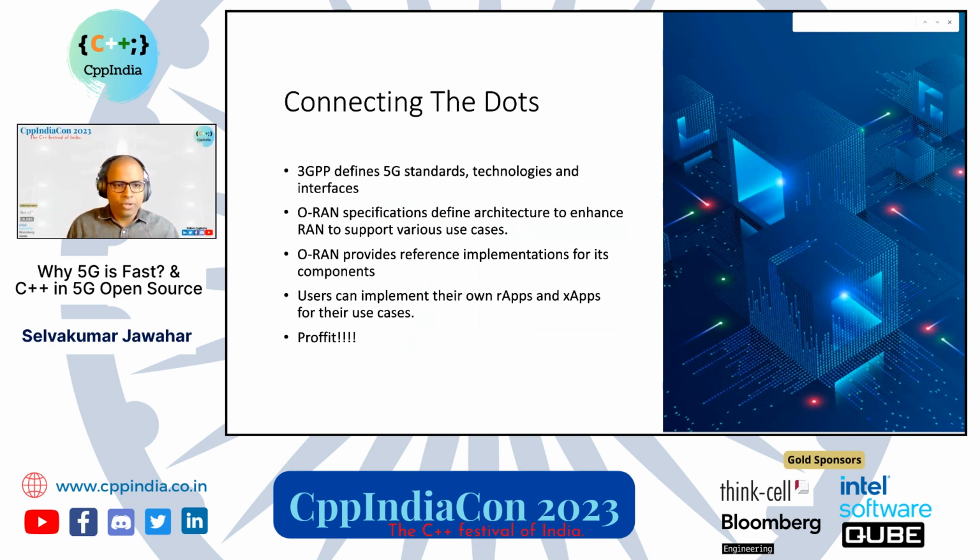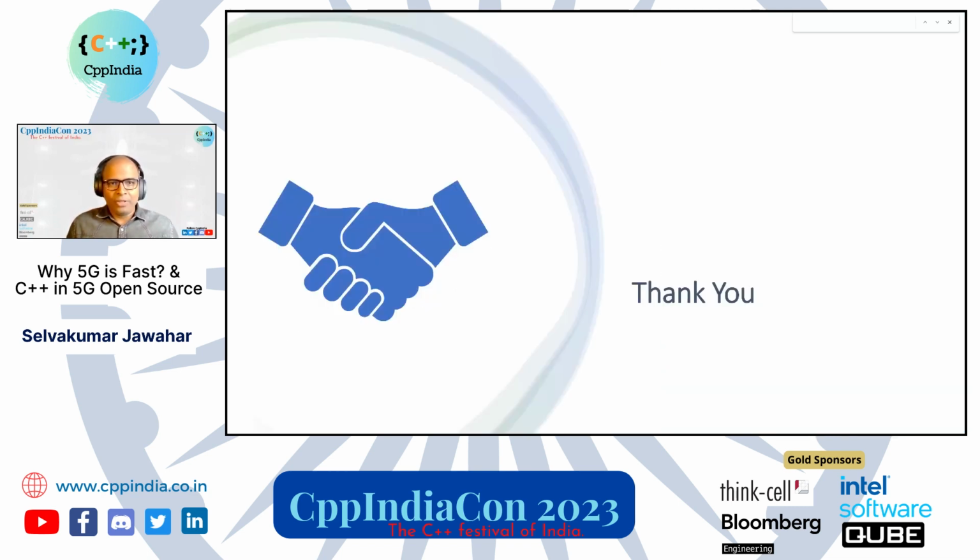Most C++ developers will be at home because the framework is written in C and C++, so you can use it. I hope I will be doing another talk where I actually write an XApp and demonstrate. Okay, thank you. Thank you for being with me.